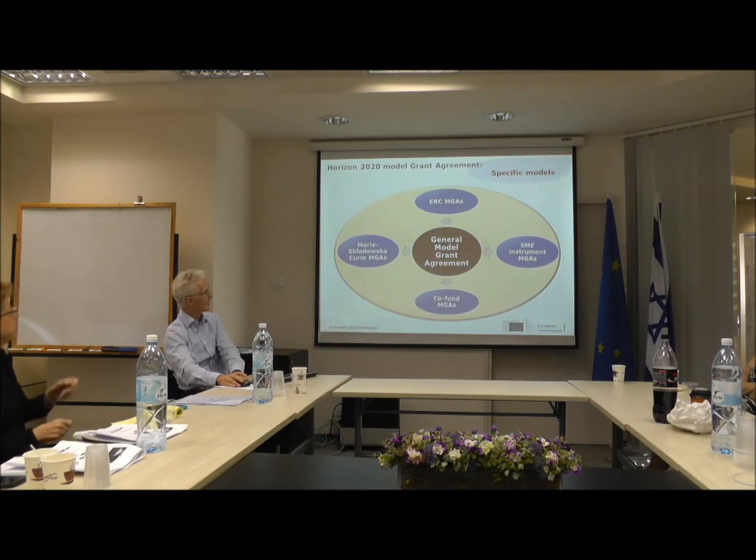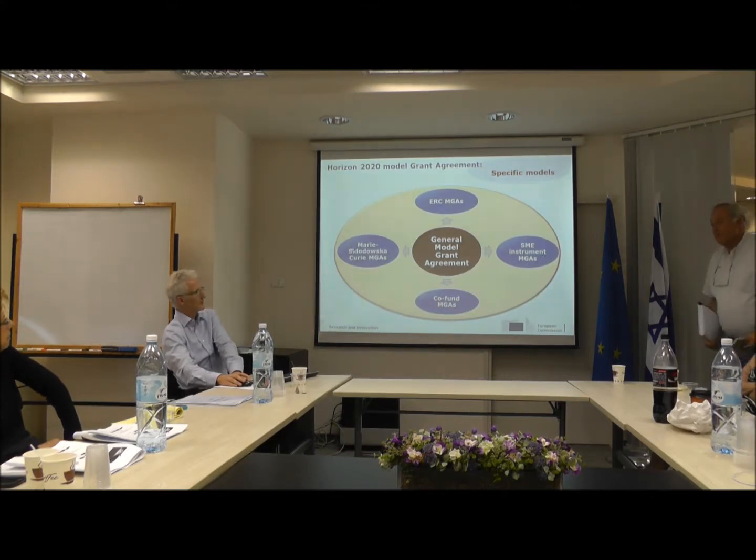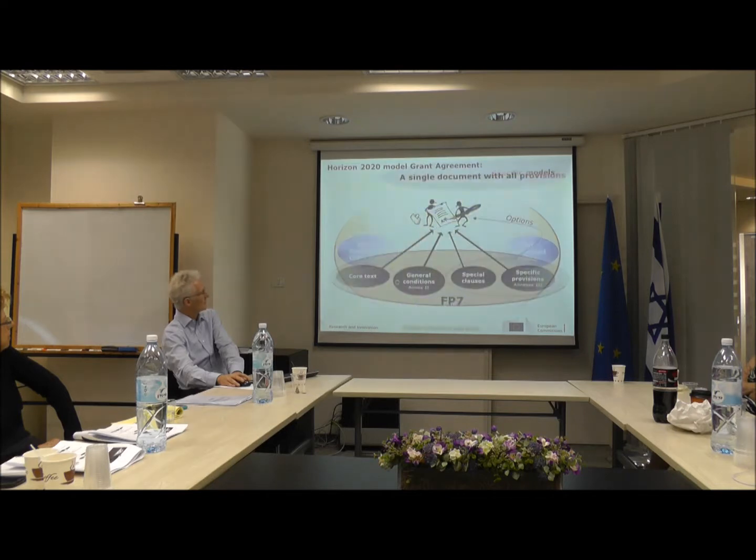So really the bulk of the articles and all the stipulations is very much the same in all models. So we have the derived models for the ERC, for the new SME instrument, for the Marie Curie category actions, and for the so-called co-fund actions. This is the zoo of existing things.